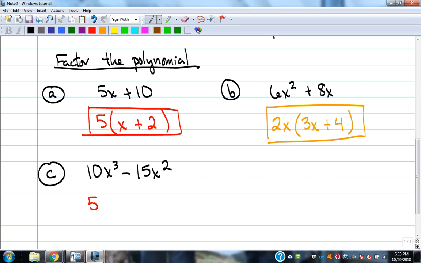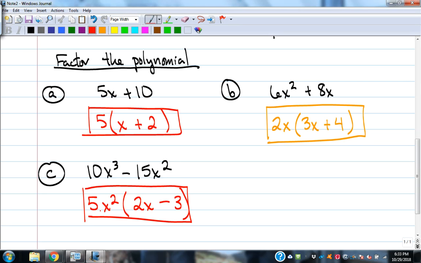The smallest one has x squared, the other one has x cubed, so there's 2 in common. So 5x squared is my GCF. What's that leave in the parentheses? Is it plus 3 or minus 3? Minus 3, because it's a negative. That's right, because we took both of the x's out.